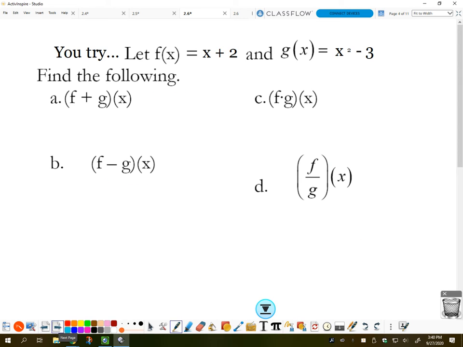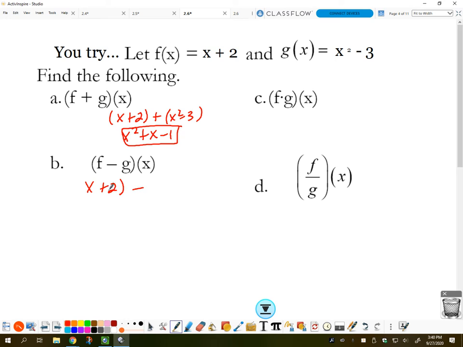All right, so one more of those. So pause and try it and see how you do. All right, so x plus 2 plus x squared minus 3. So x squared plus x minus 1.